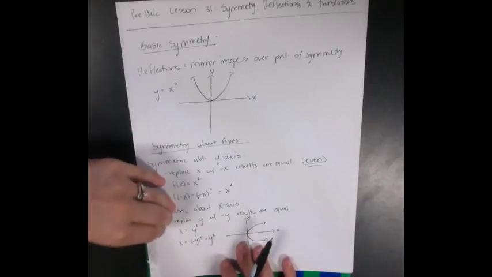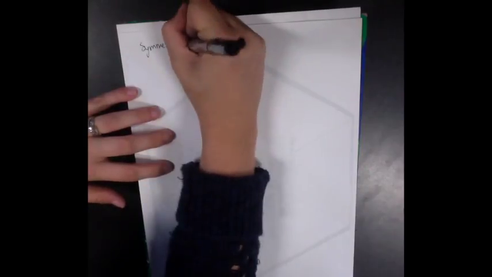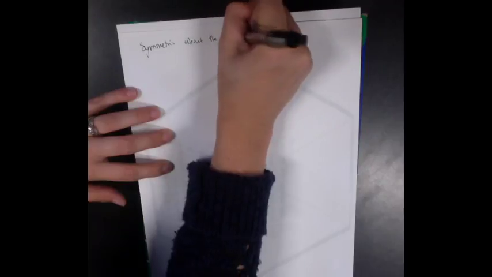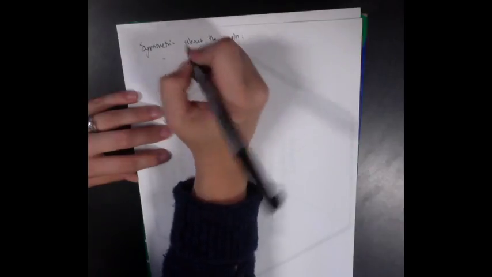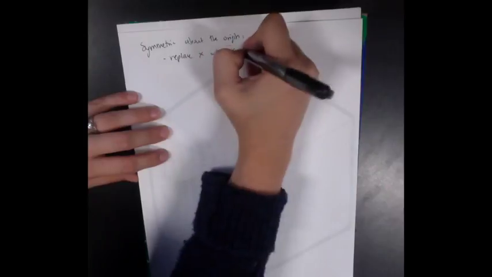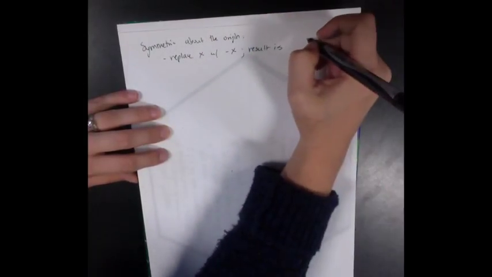Now, there's one more symmetry. Symmetric about the origin is symmetric about both axes. So what happens is if we replace x with negative x, the result is the negative equation.